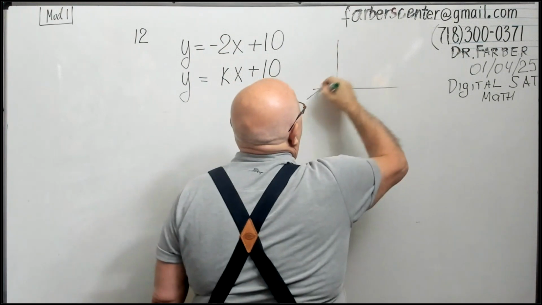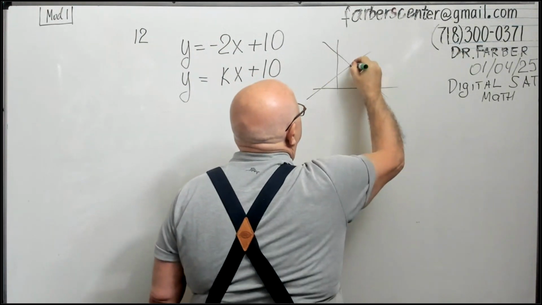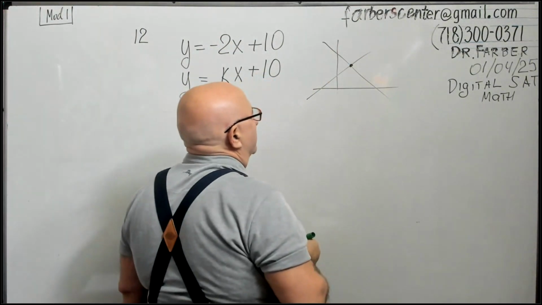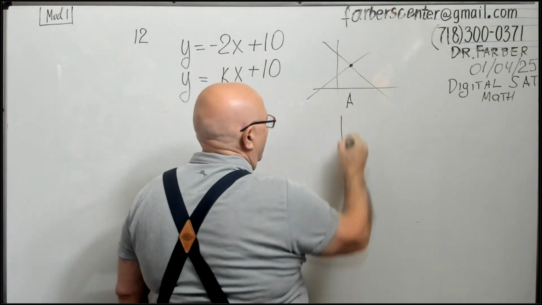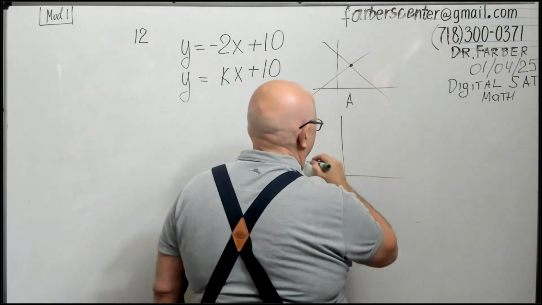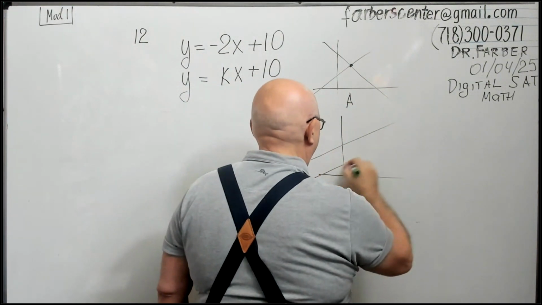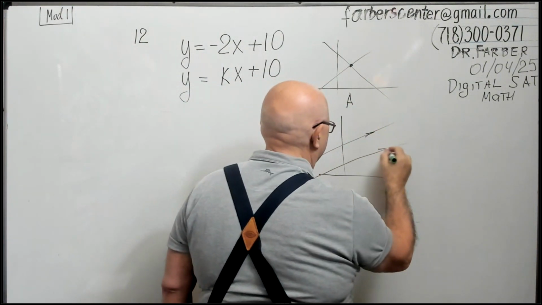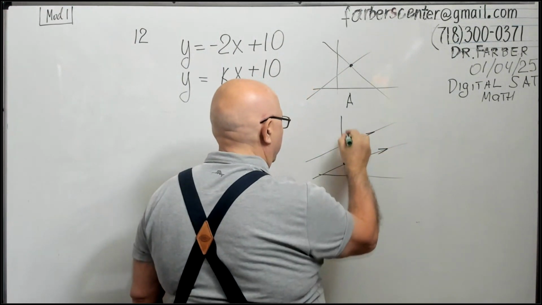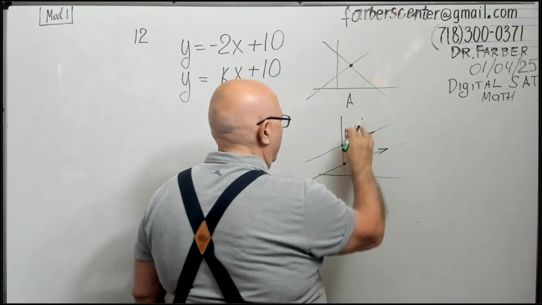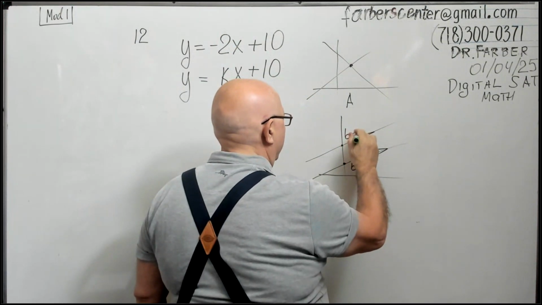One situation is when you graph two lines and they have one solution, in this case A. Another case is when you have two parallel lines with different y-intercepts; they never intersect. There are no solutions.